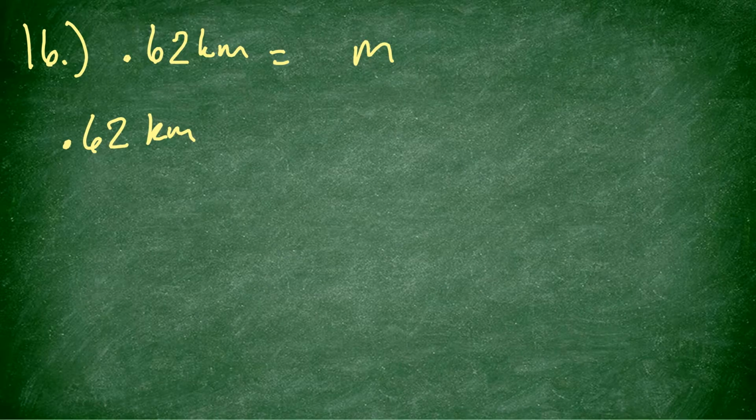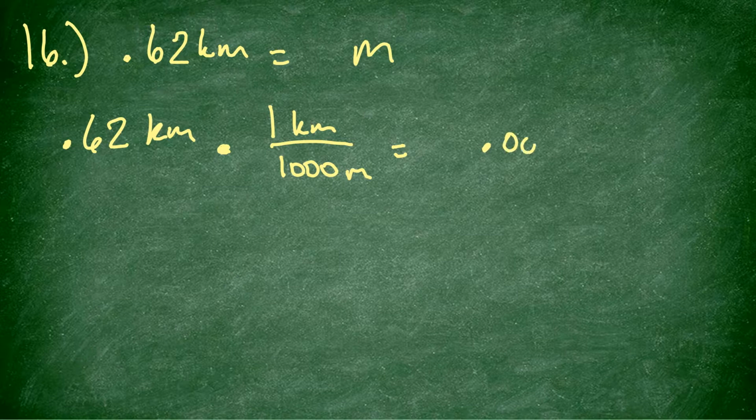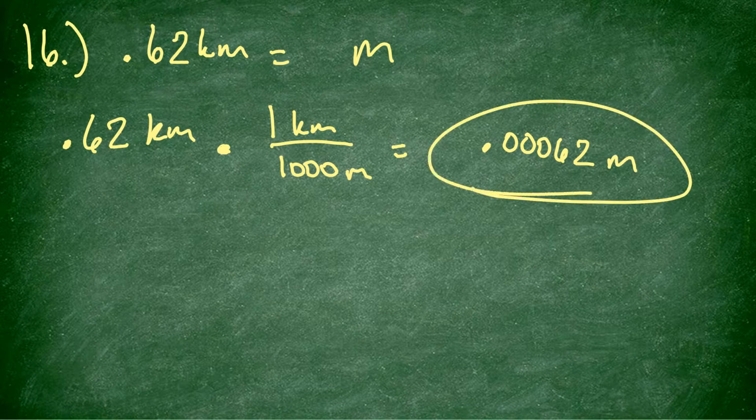So I'm going to do 0.62 times 1 kilometer is 1,000 meters. So I do 0.62 divided by 1,000. I end up with 0.00062 meters. And that's it.